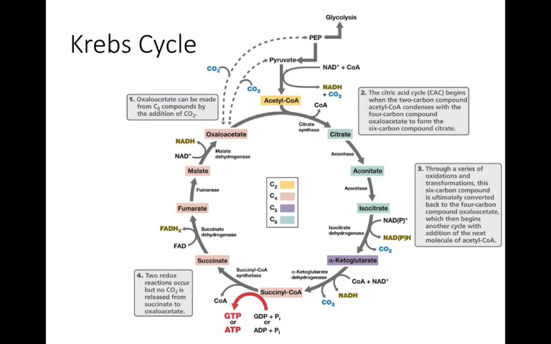That oxidation couples with the reduction of NAD to NADH. And then the acetyl-CoA that's produced goes right into this cycle to produce first a 6-carbon sugar, and then we've got a 5 and then a 4-carbon sugar towards the end here. And that's what those 3 different colors represent.